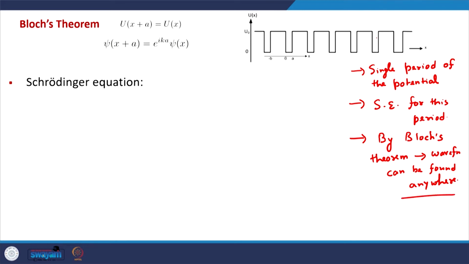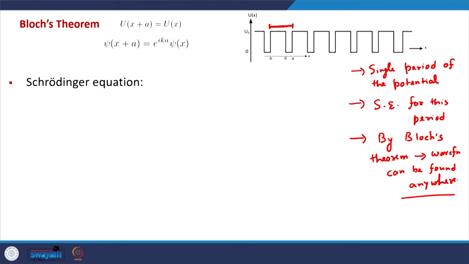In this particular potential profile, if we look closely, we see that in this particular range of x values, from this point to this point, from this boundary to this boundary, there is a single iteration of the potential energy, and after this the potential profile repeats itself with the same period.